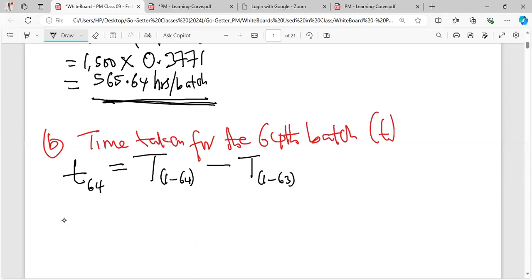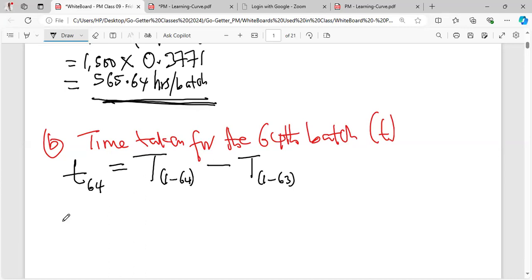Because I said when you are measuring this learning curve stuff, you start from the origin. It's just like putting your tape and you start from 0 and you measure size 64. And they said, okay, you want to know only 64. You cannot just come and say, okay, come from 63 to 64. Yes, that's it.